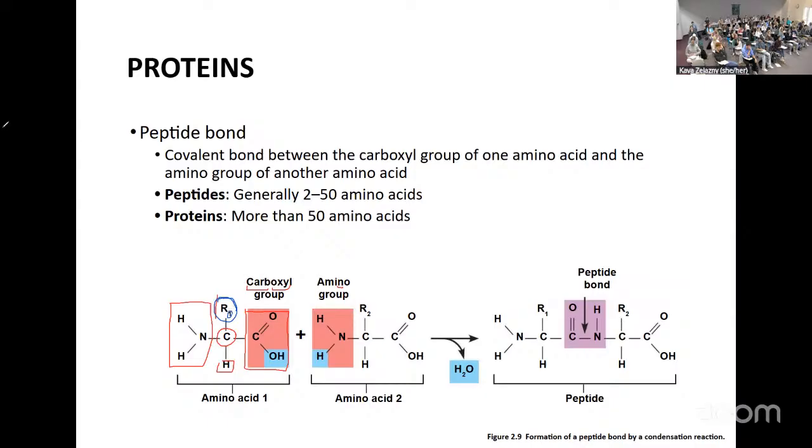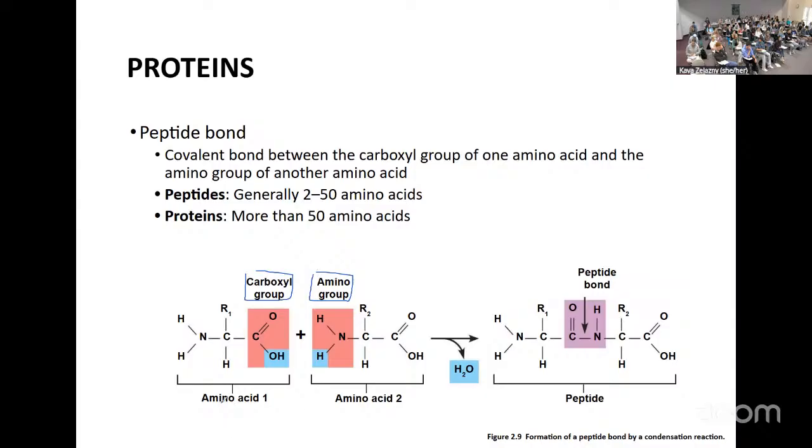When we start to link together our amino acids, we take the carboxyl group from one end and the amino group from the other end, and we link them together. That process releases water, so this is also a condensation reaction.